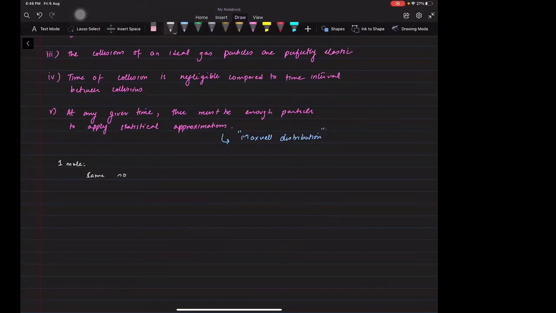Same number of particles in 12 grams of carbon 12 atoms is equal to a mole. समझ आ गई है बच्चों?